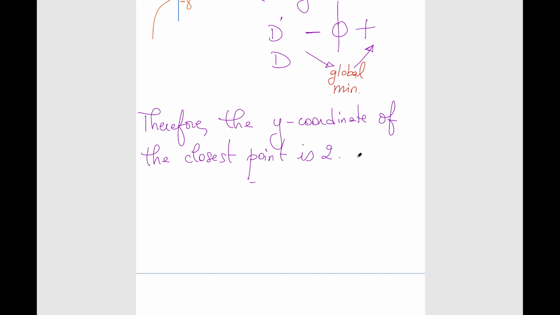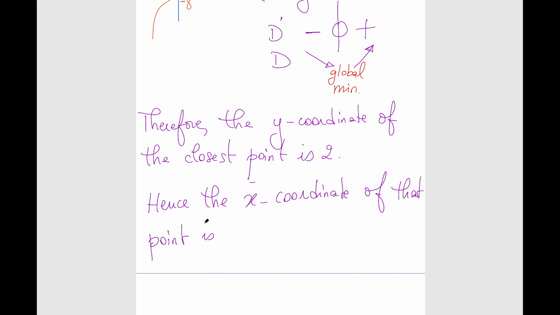and hence the x-coordinate of that point is given by, as we said, x equals half times y squared, which means half times 2 squared, which means 2. So at the end of the day, what's the point that we're talking about? It's 2 comma 2, right?